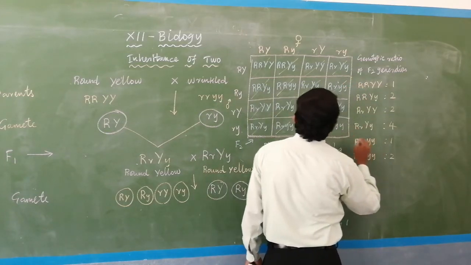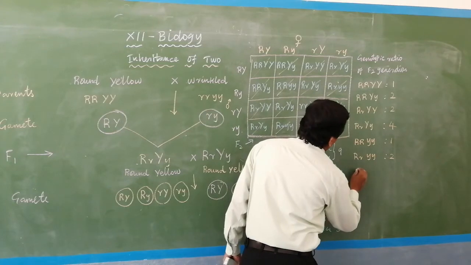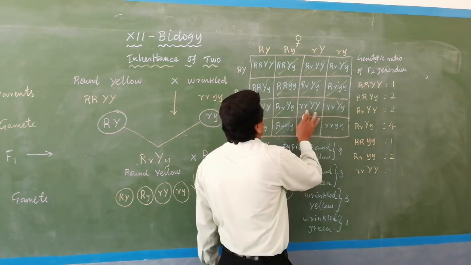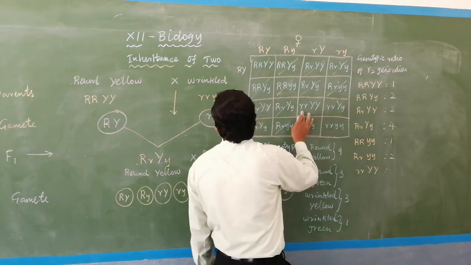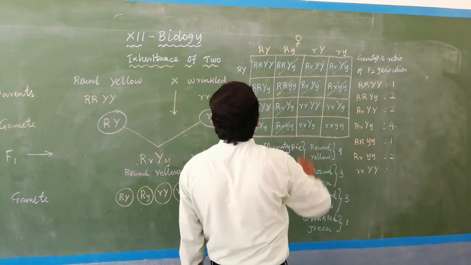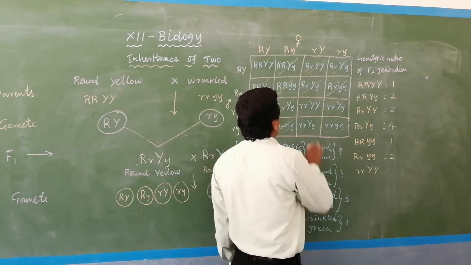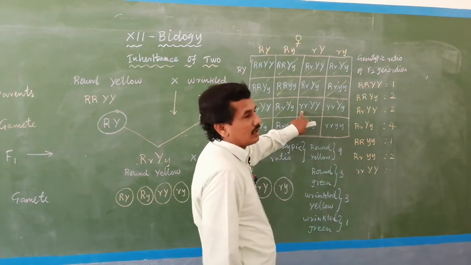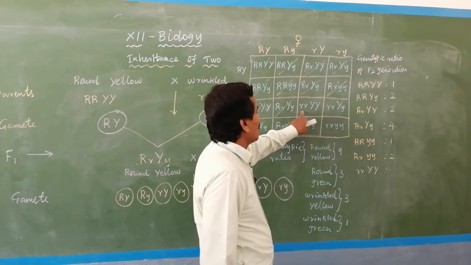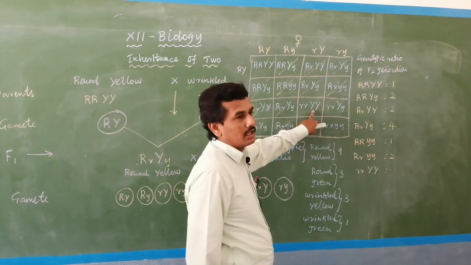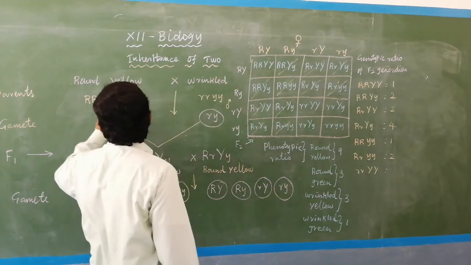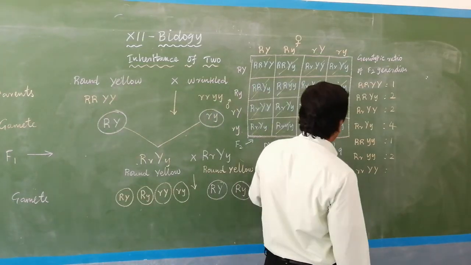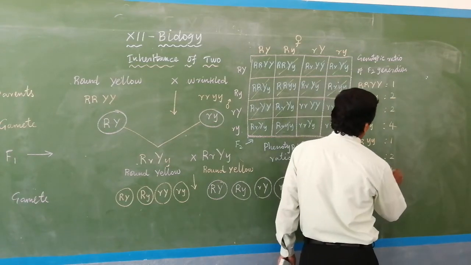So 2. Then here small r, capital Y, homozygous wrinkled and homozygous yellow. This is the garden pea plant which shows green cotyledon color and yellow colored seed. Then small r is actually 1.